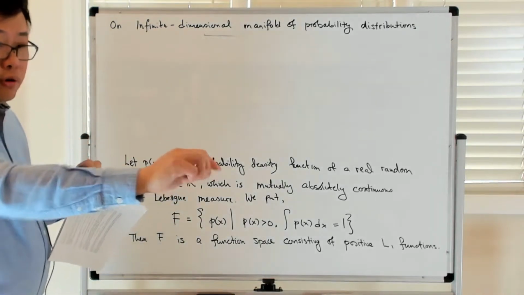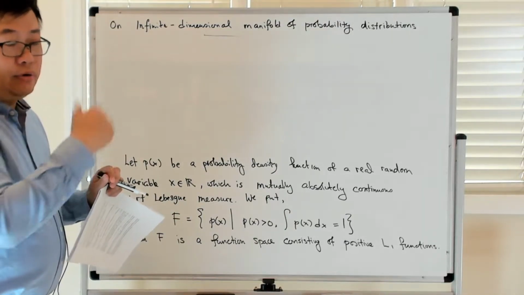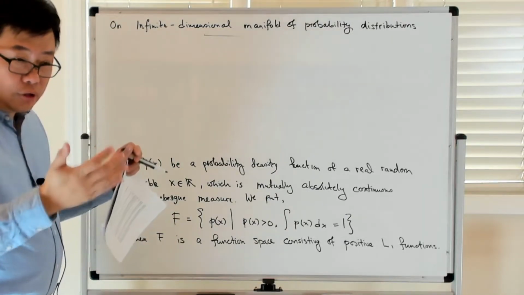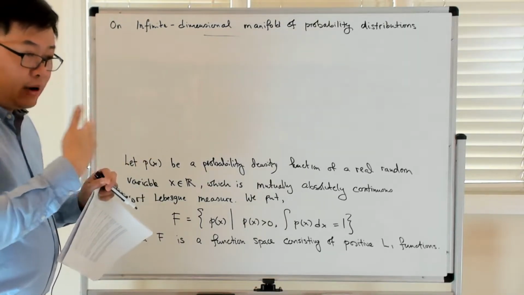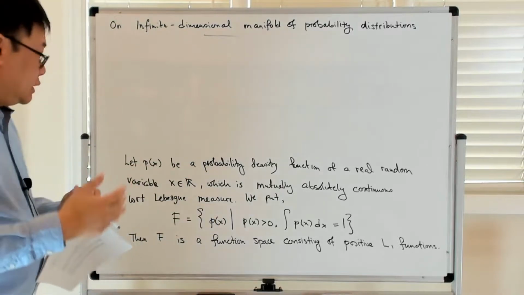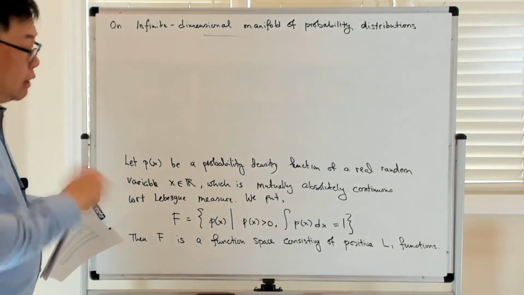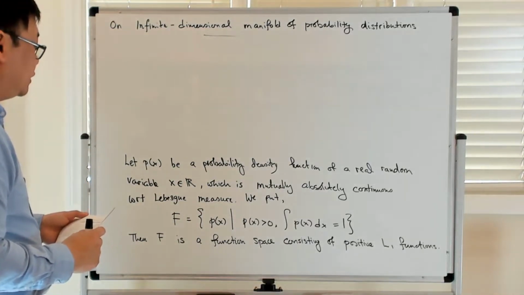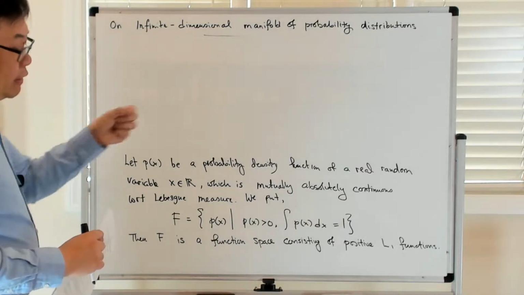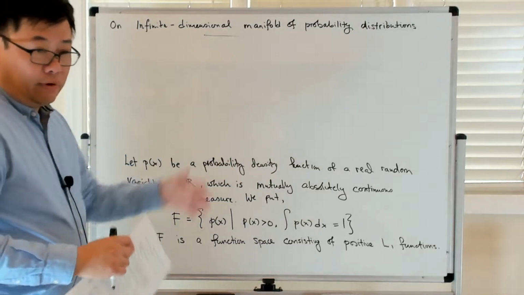You have a continuum of possibilities, and associated with each of those points you assign a probability, with the proviso that the probability changes in some sort of continuous way as you move along this random variable space. So now instead of a finite number of possible outcomes, you have an infinite number of possible outcomes.